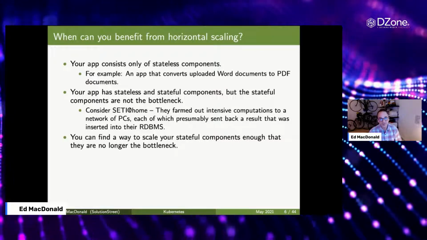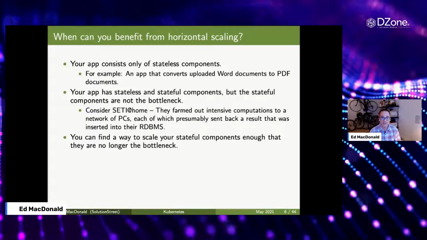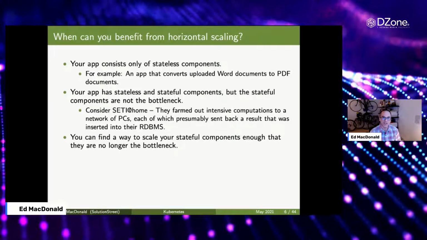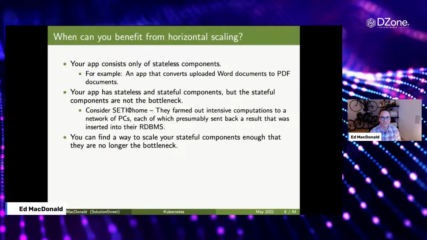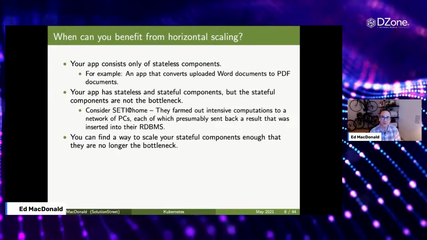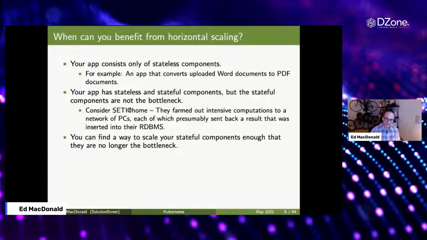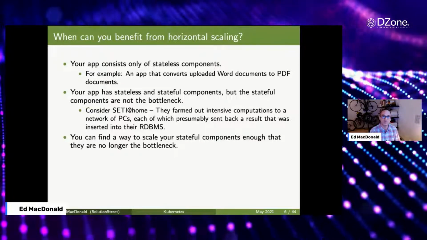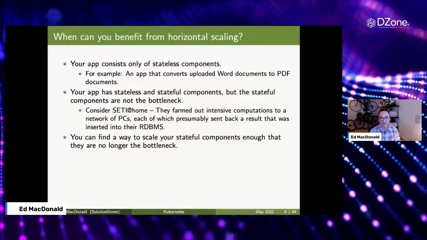The third example, slightly more complicated, is if you've identified that your stateful component is the bottleneck, then the question becomes, can you find a way to scale it so that it's no longer the bottleneck? And then you can shift the bottleneck back to the compute and then put the compute in Kubernetes, for example.